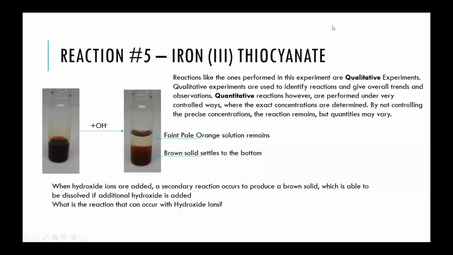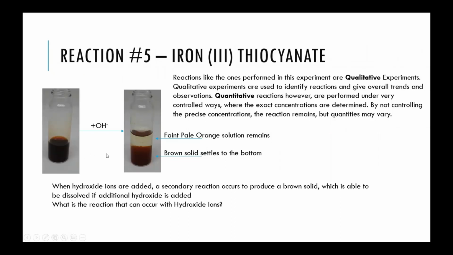The next reaction of the iron thiocyanate is to add sodium hydroxide. The sodium hydroxide preferentially can react with the iron. Again, iron will react with hydroxide to form either the brown iron 3 hydroxide solid, or if the hydroxide concentration is high enough, that pale orange solution of the iron tetrahydroxide complex.